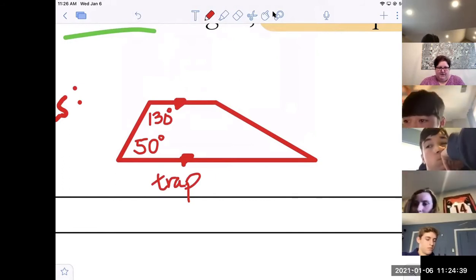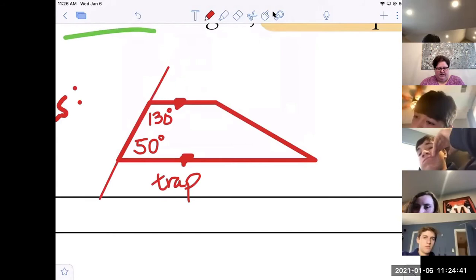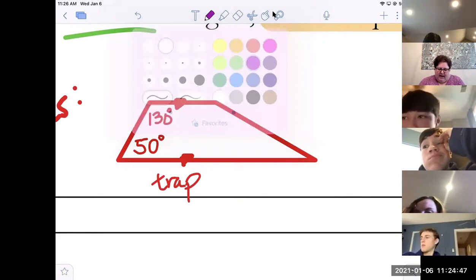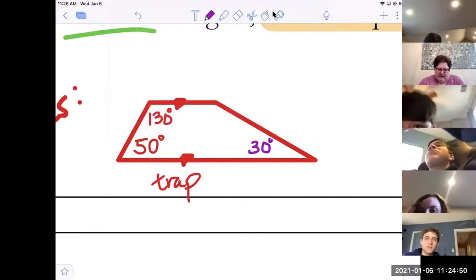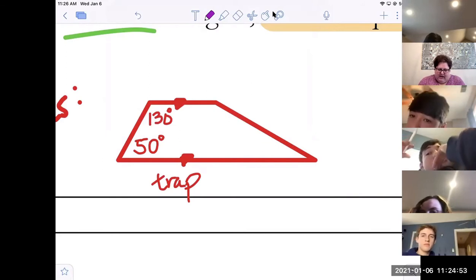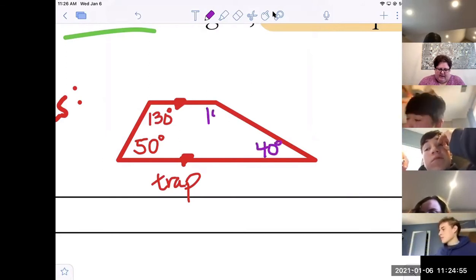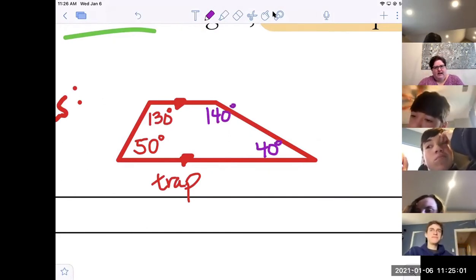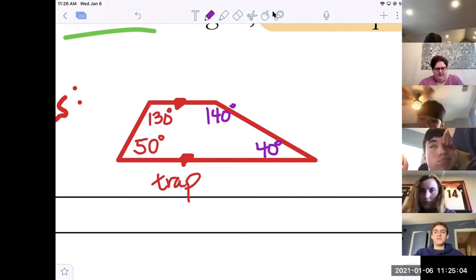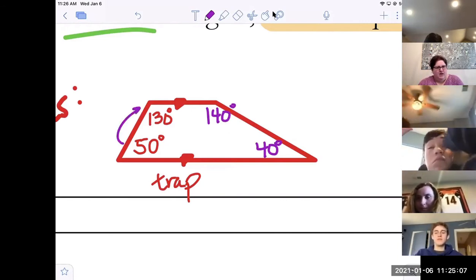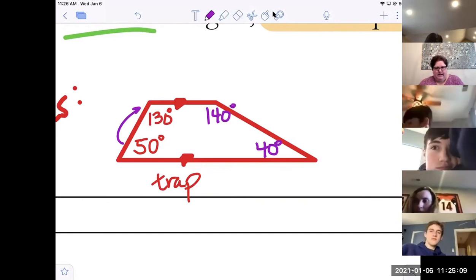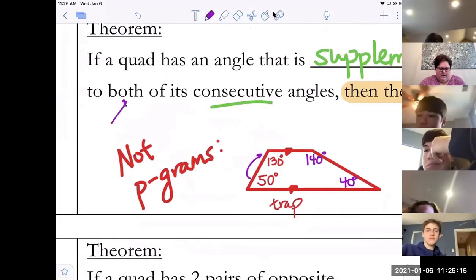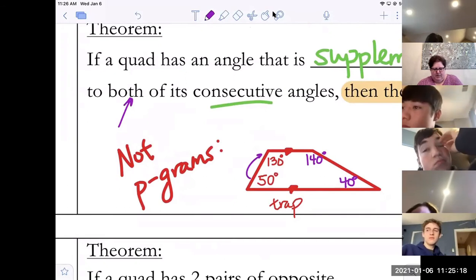In a generic trapezoid, because those lines are parallel, you'd have to have those angles being supplementary. In a trapezoid, you'd also have another angle over here. I'm going to use 40. Another pair of supplementary angles over here. So you have to be careful to say an angle supplementary to both consecutive angles, because if it's supplementary to just one of them, all that tells you is that there's one pair of parallel sides. You have to have both there. If you don't say both, it's not going to be true.